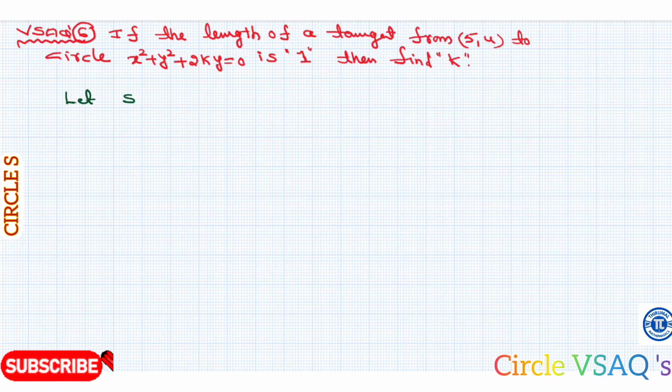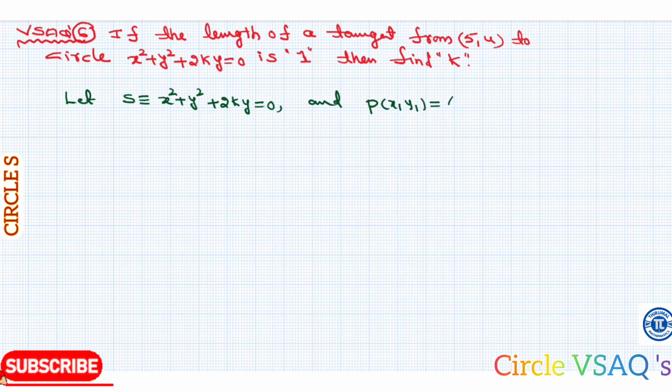Let S equal the given circle x² + y² + 2ky = 0 and the given point is P(x1, y1) = (5, 4). Also the length of the tangent is given, that is root S11 equal to 1, squaring on both sides, then we get S11 equal to 1.